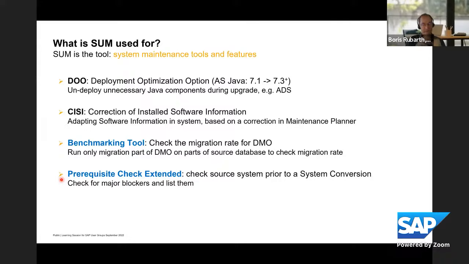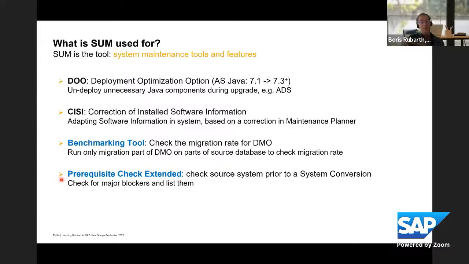And concerning this system, the software update manager will check if the system is capable to be converted. And now, instead of starting your first conversion run on the source and experiencing then step by step what has to be adapted, it's a good practice to, instead of starting the real conversion, start the prerequisite check extended.